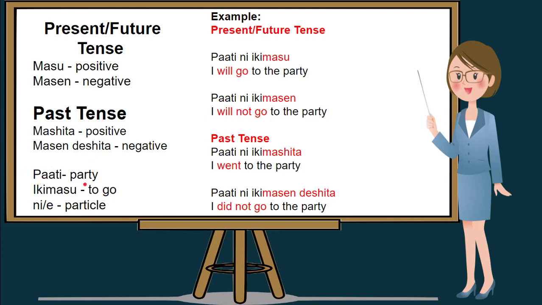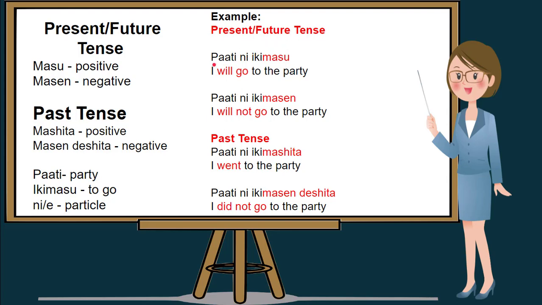Paati, which means party, ikimasu, meaning to go, and ni or e, which are particles that indicate place. For this example, we will try to make a present or future tense sentence.